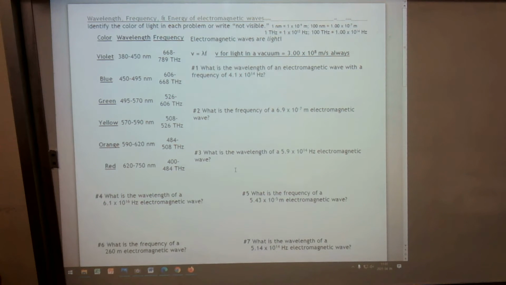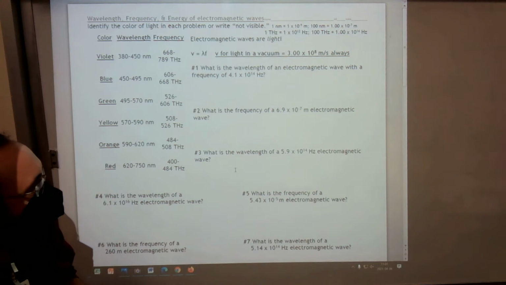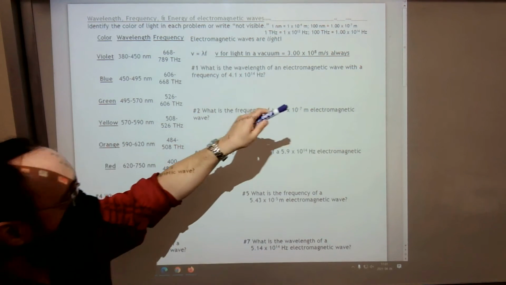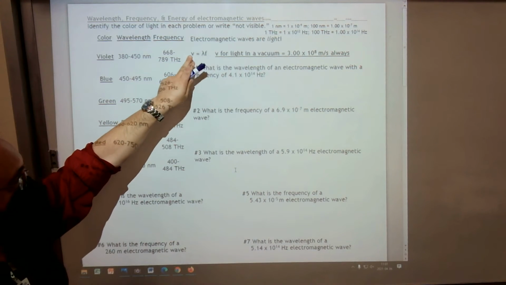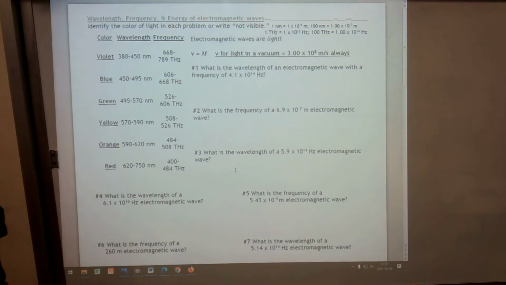If you put light through water or other dense things, light will slow down, but if it's through just a vacuum or, you know, it gets close to this in air also, it'll be going 3 times 10 to the 8 meters per second. So in this, the speed of light will always be 3 times 10 to the 8 meters per second. And you'll just be looking for this one or looking for this one, which makes the math really easy. No matter which of those you're looking for, it'll be pretty much the same every time.